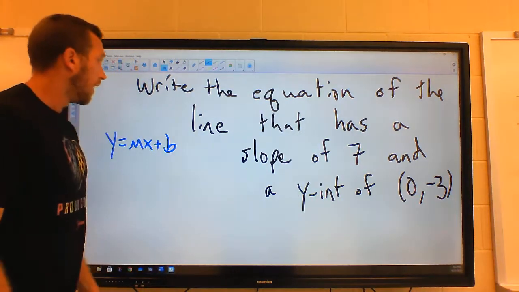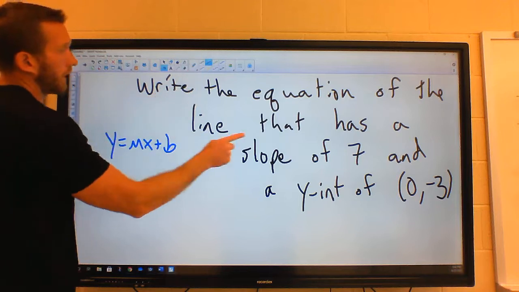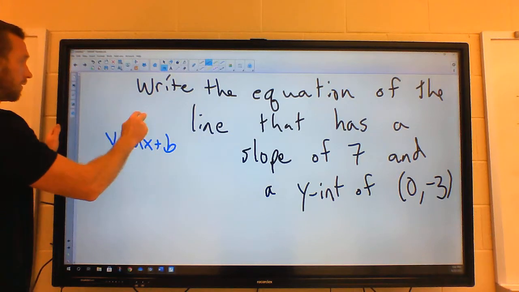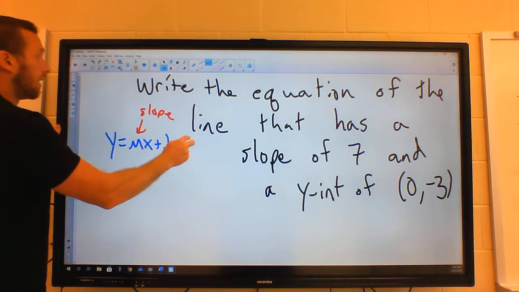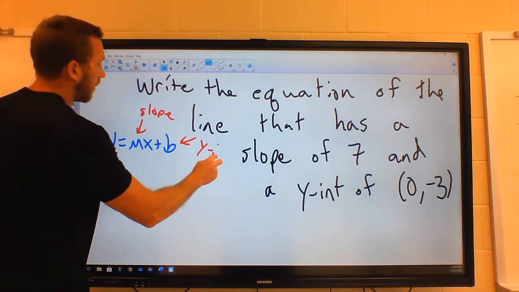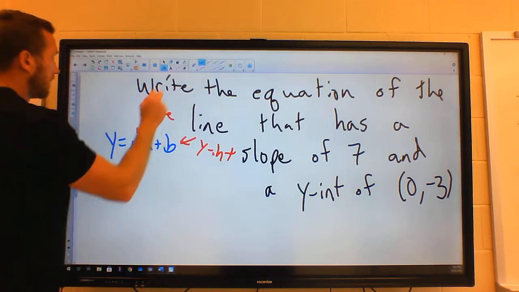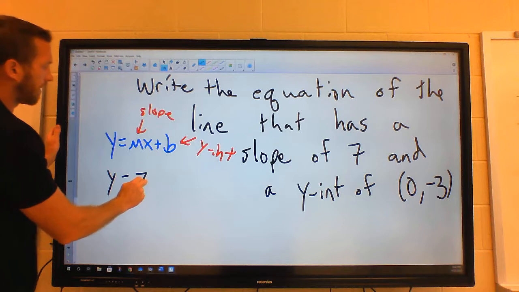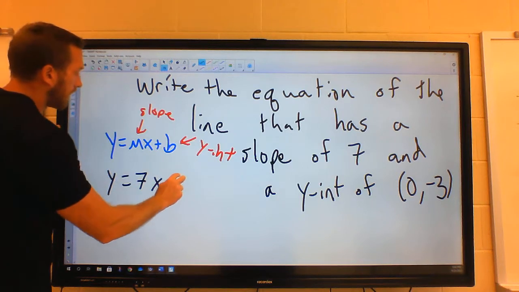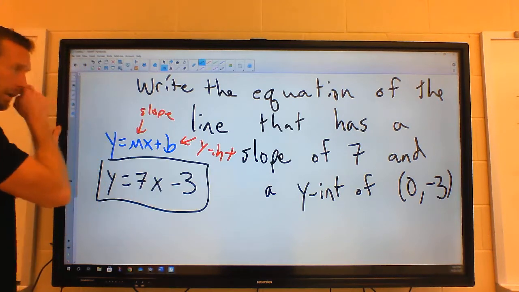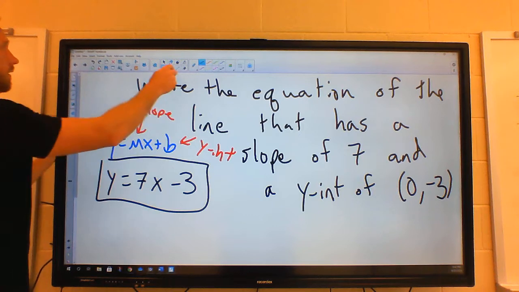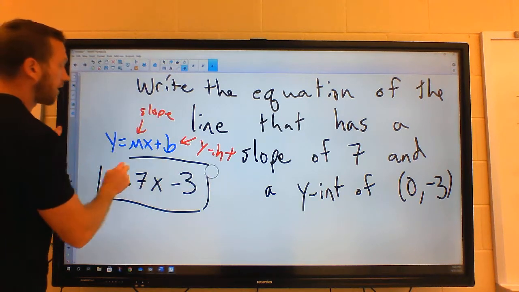Okay, here we go. All I've got to do is substitute in the slope and substitute in our y-intercept value. So y equals slope of 7 times x minus 3. Boom. Very straightforward. Okay? Another problem.